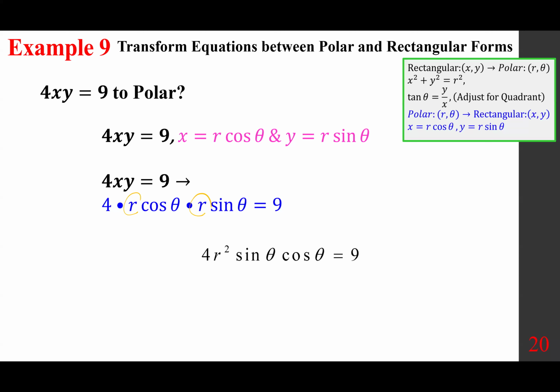You can sort of leave it like that, but notice if I rewrite this as follows, 2 r squared, 2 sine theta cosine theta equals 9. I can replace this with sine 2 theta. And that would be the final answer.